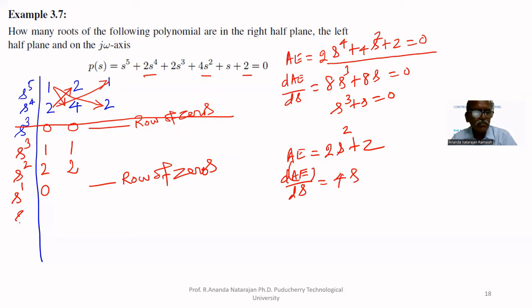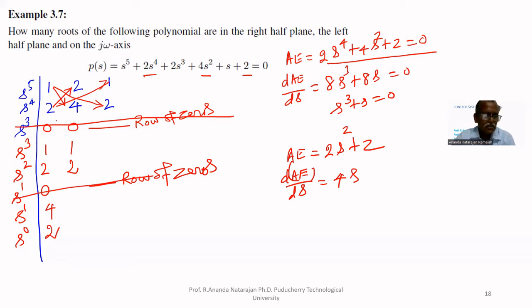Therefore, s power 1 is 4. Then s power 0: 4 multiplied by 2 minus 0 divided by 4, that is 2, you will get.